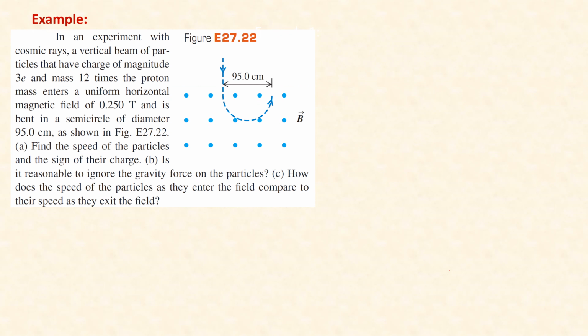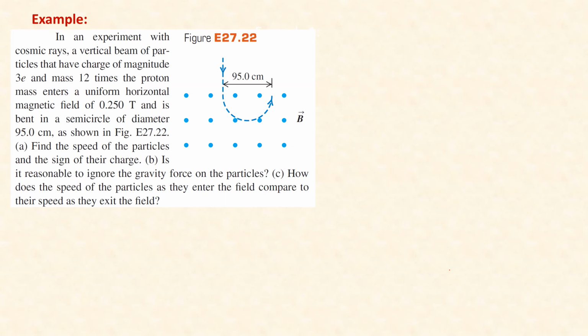Find the speed of the particles and sign of their charge. Is it reasonable to ignore the gravity force on the particles? How does the speed of particles as they enter the field compare to their speed as they exit the field?